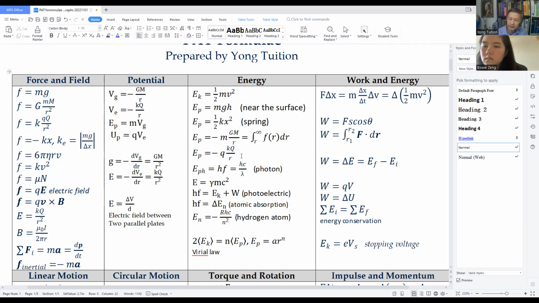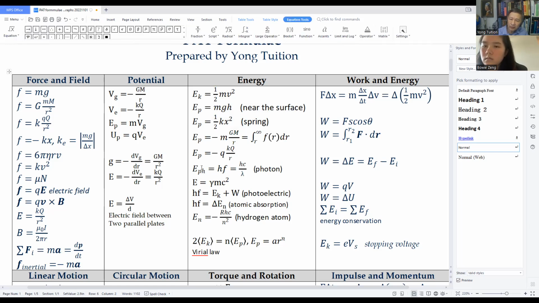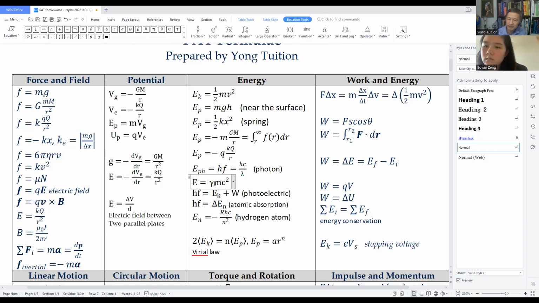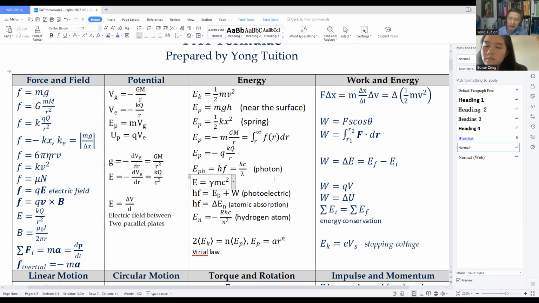The next one is the photon energy. Photon energy has two forms. Sometimes you use lambda, sometimes you use the frequency. Sometimes they will ask you about Einstein's energy formula, energy and mass. So this gamma factor, you know the gamma factor in special relativity. And these two energy conservation formulas are very useful.